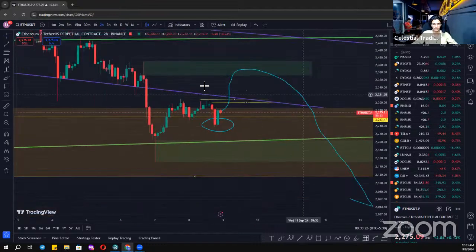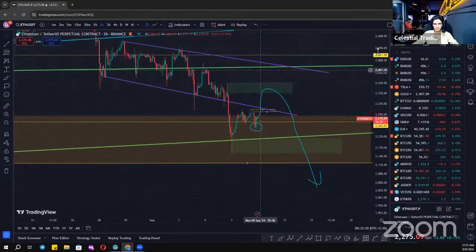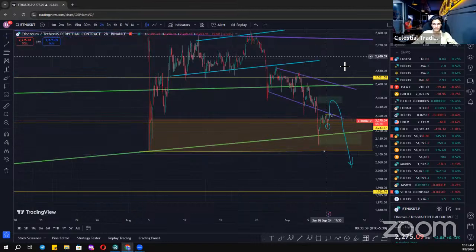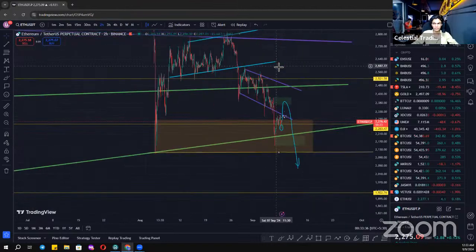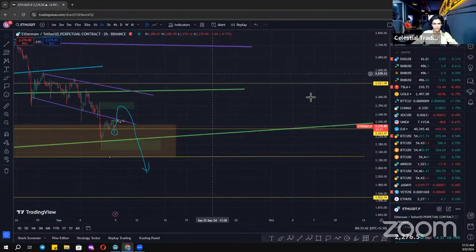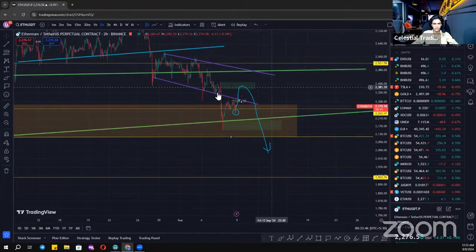Okay, you can take a pic of this if you want. Now the bulls are in, so if you are a long-term holder, that doesn't matter.